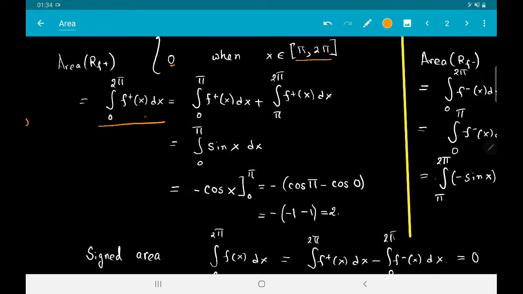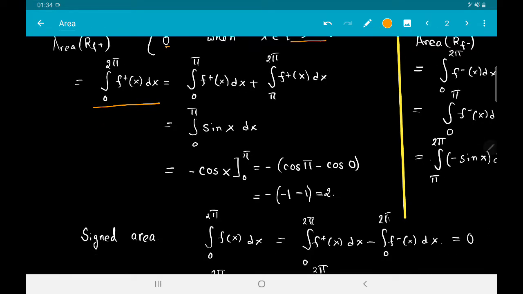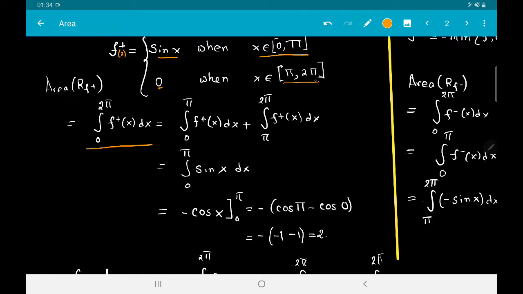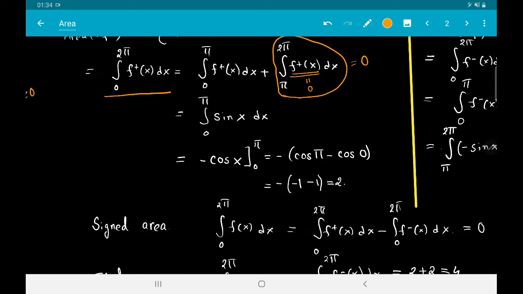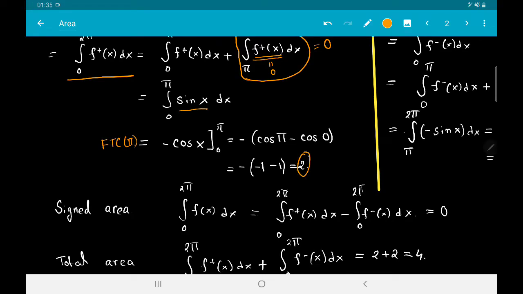We can divide this interval 0 to 2 pi into 0 to pi and pi to 2 pi. As we have pointed out, when x lies between pi and 2 pi, the function f plus of x is equal to 0, so this integral contributes 0 to the whole integral, and we are only interested in the part where the integral goes from 0 to pi. Here it is equal to sine x, and by again a simple application of FTC part 2, we can see that this area turns out to be equal to 2.